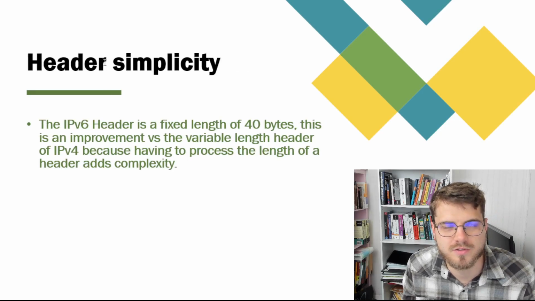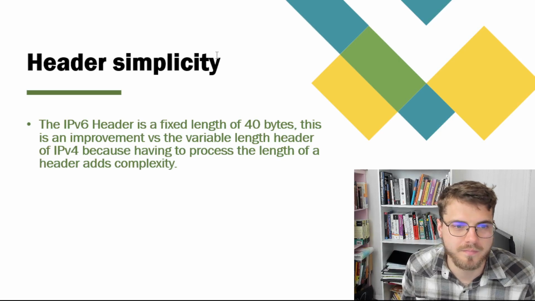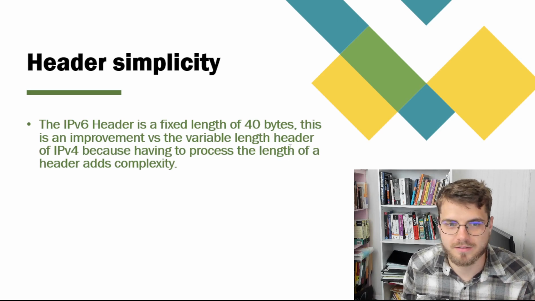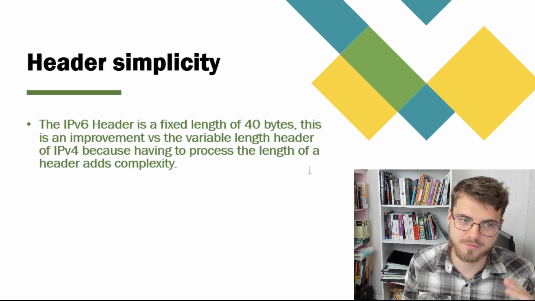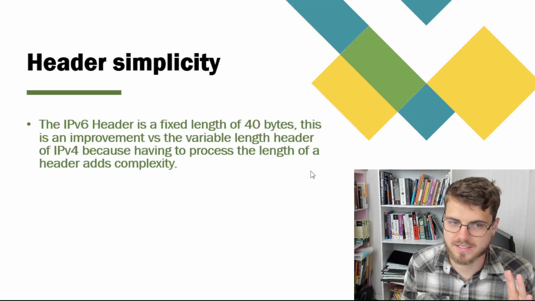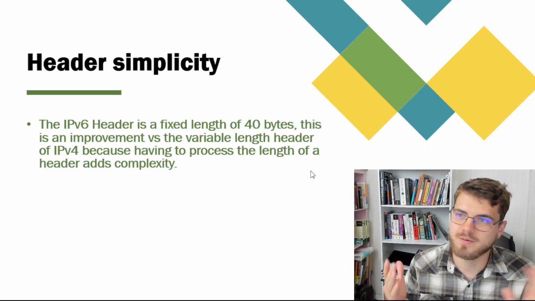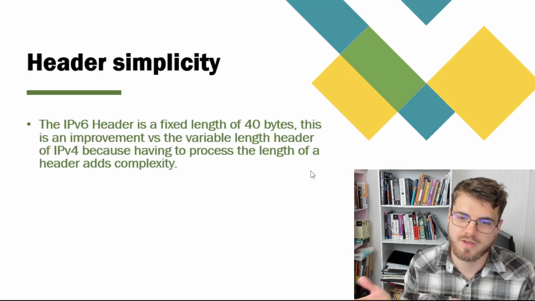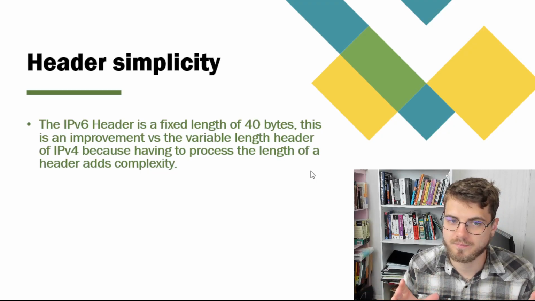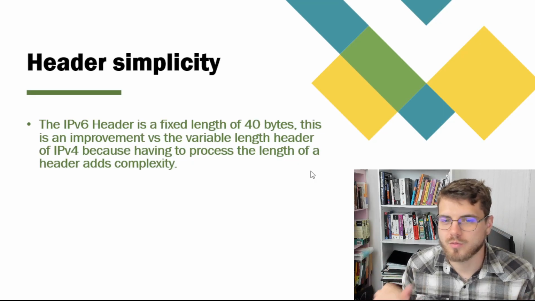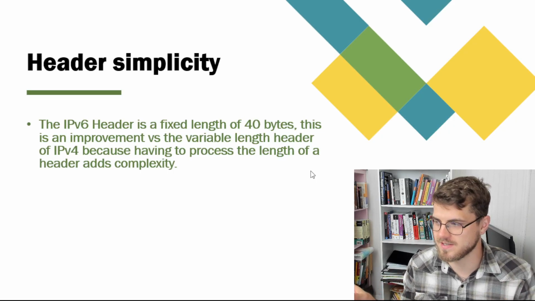They simplify the headers. It doesn't sound as simple, but it is simpler. They fixed the length of the IPv6 header to 40 bytes, where IPv4, I think it was 20 to 60 bytes, but it was variable. So maybe it's 20 this time, maybe it's 30 this time, maybe it's 40 this time. And every time they sent the header, which goes on the packet, the router had to process what length it is before it processes it.